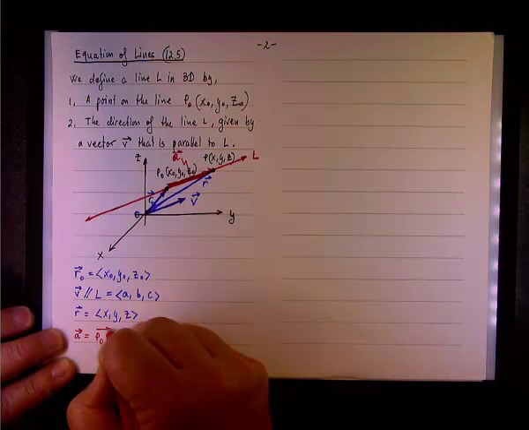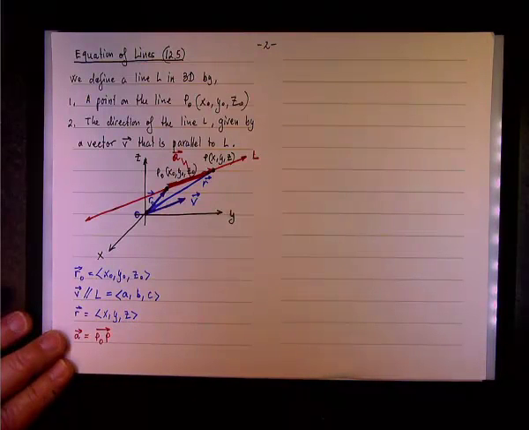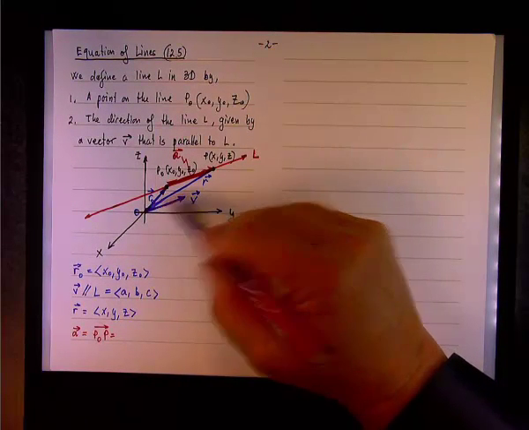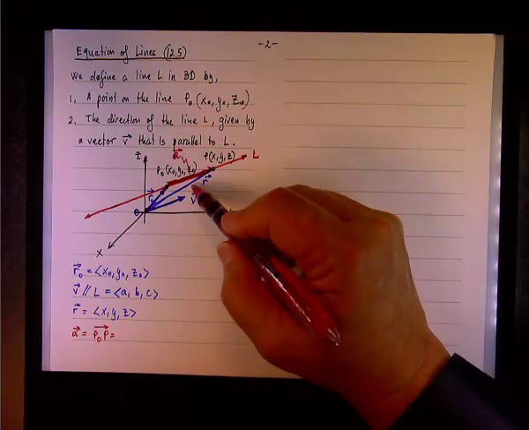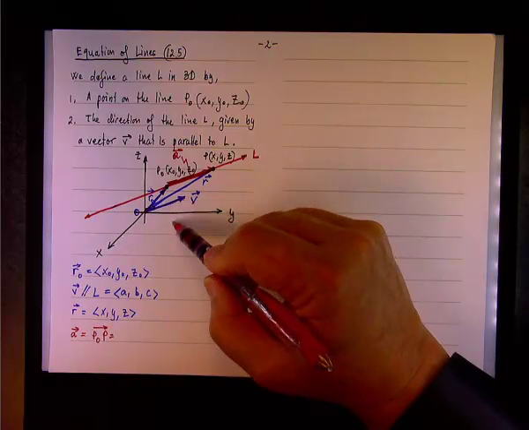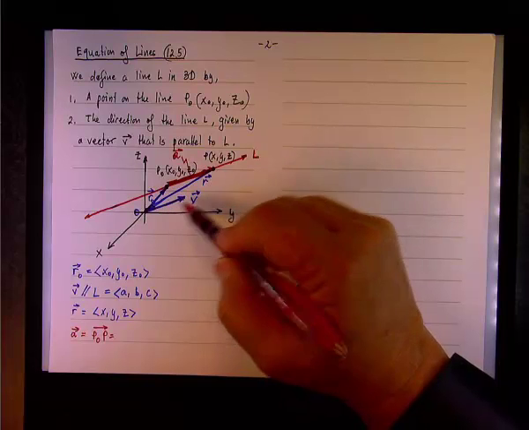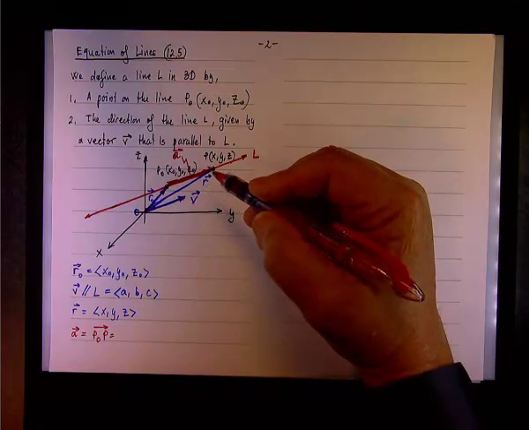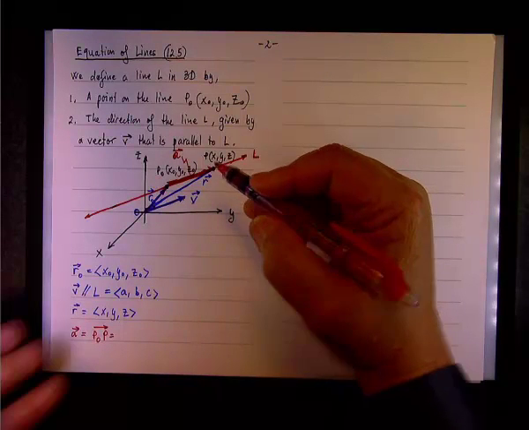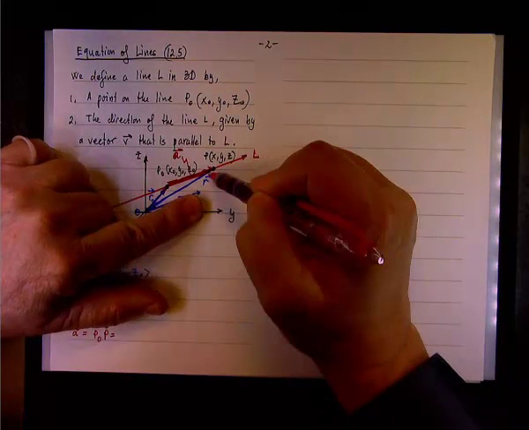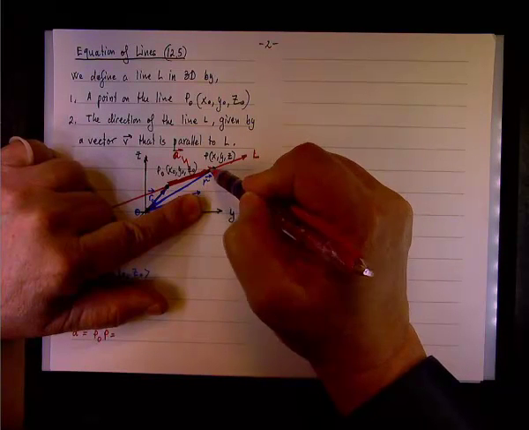Vector a is P naught P. If you look very carefully at the vectors r and r naught, either by constructing a parallelogram or moving vector r naught to the end of vector r in the opposite direction, notice that a will be r minus r naught.